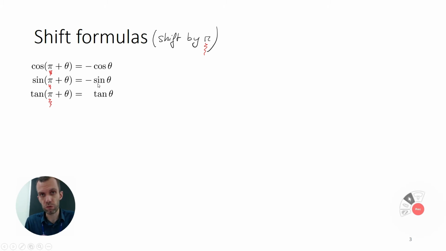So, just as a side, if you add 2 pi to an angle, cosine and sine stay the same. So cosine of theta plus 2 pi is cosine theta, and so on. But if you add just pi, then you have to pay the price of this extra minus sign.